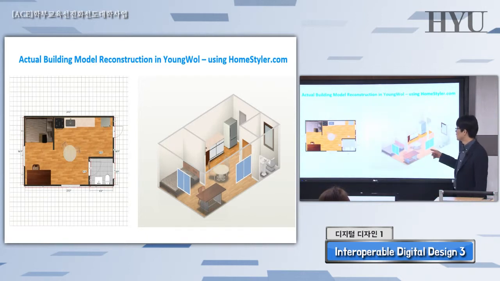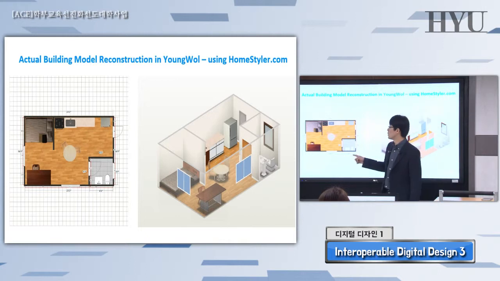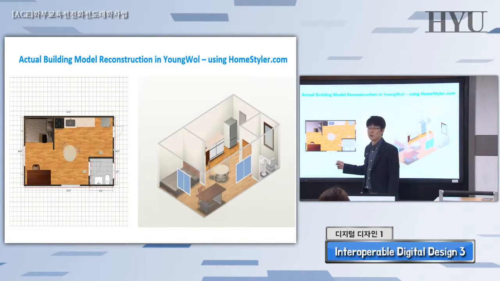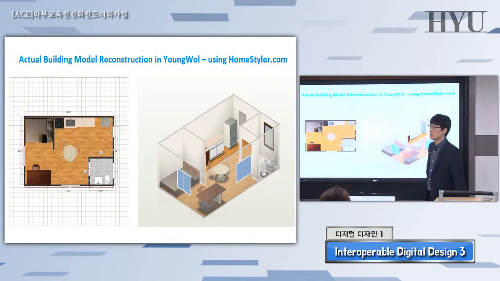And this 3D model is the example, the smallest unit for one person, okay? Housing unit. Actually, designing a building mass is not that easy when you are using homestyler.com, okay? There is no concept of floors and so on. But for one single unit, the Homestyler tool is easier and even more powerful than Revit or other tools.